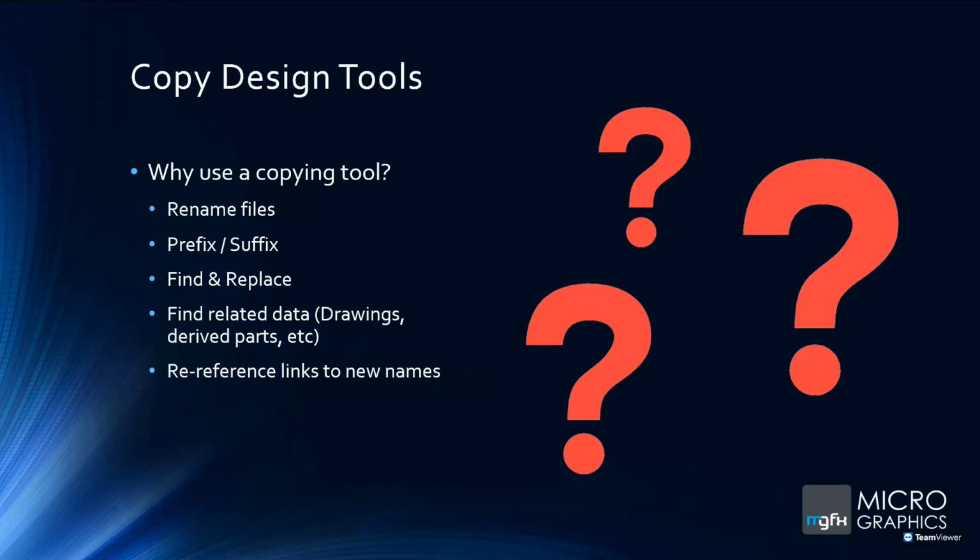The biggest thing though with the copy design tools that Windows will never be able to really do for you is the ability for most of the copy design tools to find related data. So when you do your copy design, you can copy a drawing and it will find the assemblies and the related parts and copy that information with it. So you can quite quickly grab an entire project and copy all that information.